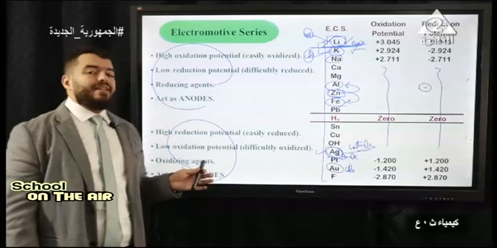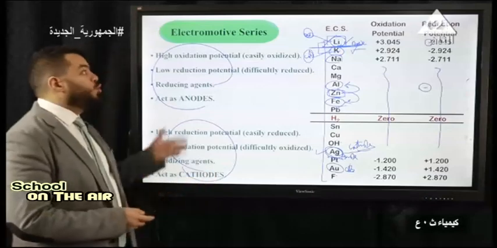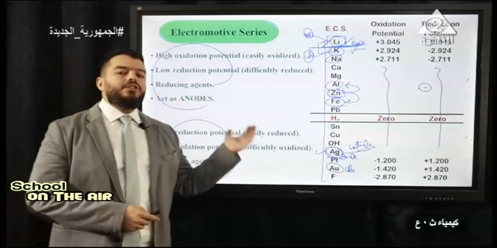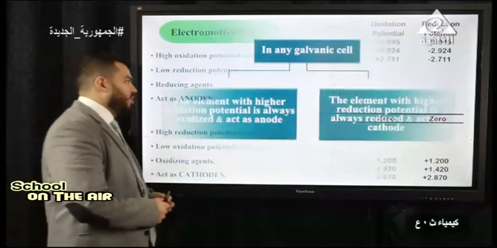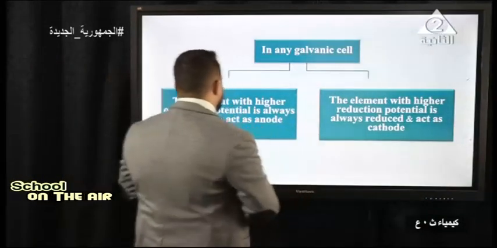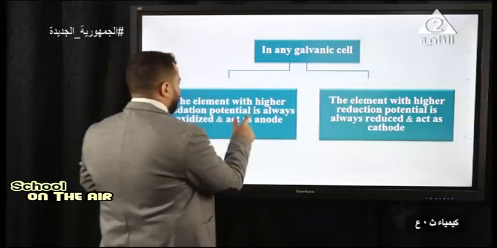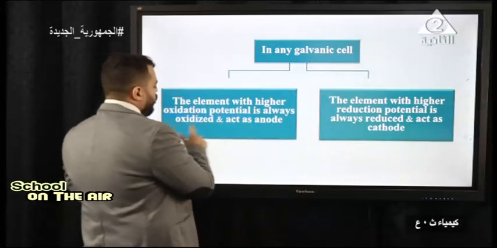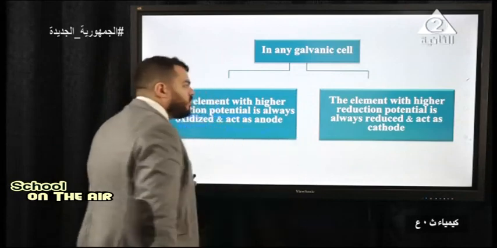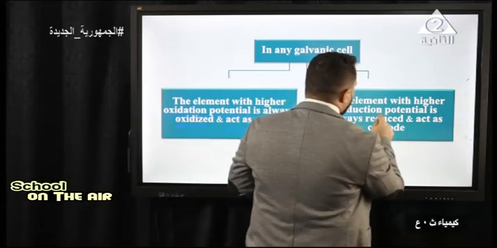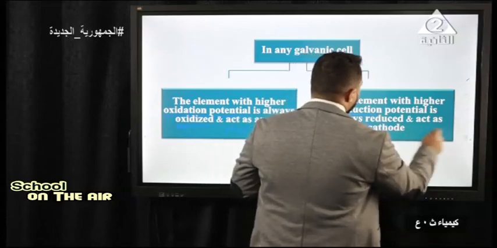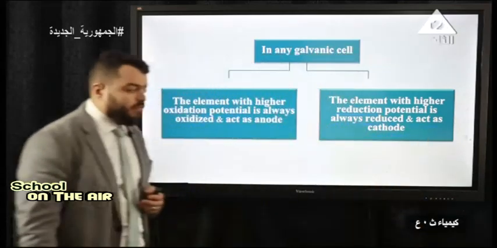And by studying the electrochemical series, you are able to know which element will be anode and which will be cathode. In the galvanic cell, the element with higher oxidation potential is always oxidized and acts as anode, and the element with the higher reduction potential is always reduced and acts as cathode.